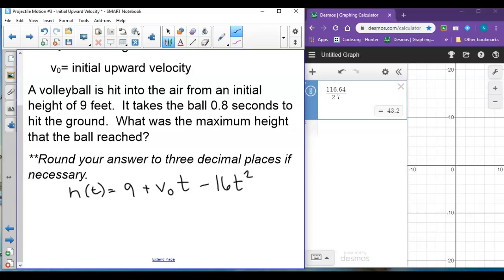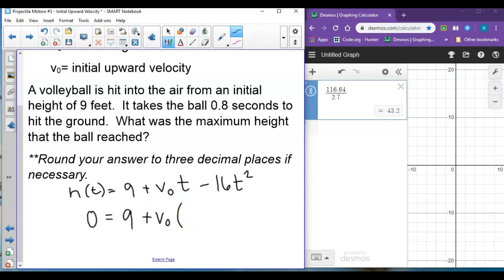So what we're going to have to do here is first we're going to have to find the initial upward velocity, and then we can use our equation to find the maximum height that the ball reached. So just like on the problems that we were doing, the ball is going to hit the ground at 0.8 seconds. So I'm going to plug in 0 for the height because the ball has hit the ground, its height is 0. And then I do not know initial upward velocity.